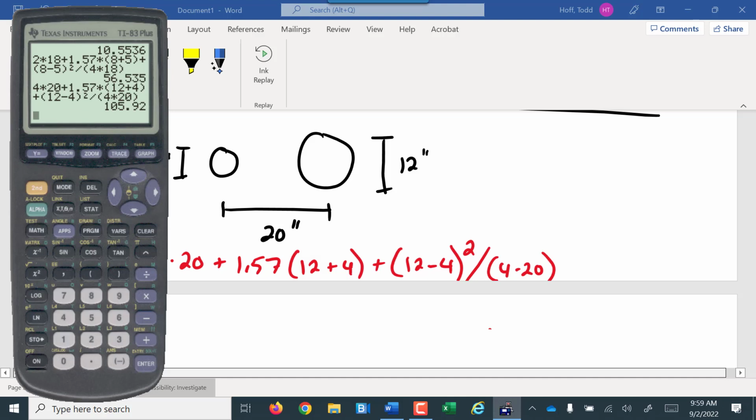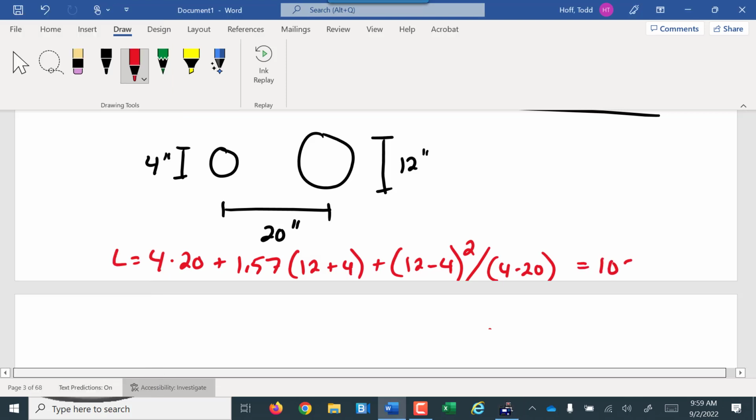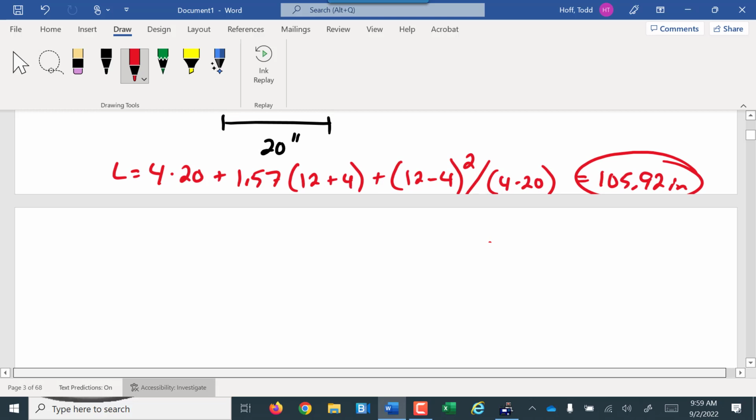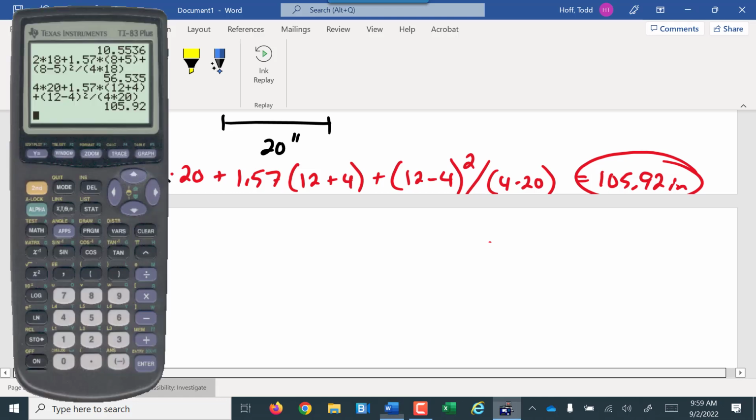What you come up with? I see some confused looks. Did you guys get something different? I forgot the square. Ah, that'll do it. Oh, that should be 2. You're correct. Did I punch that in as 4 times 20? I did.